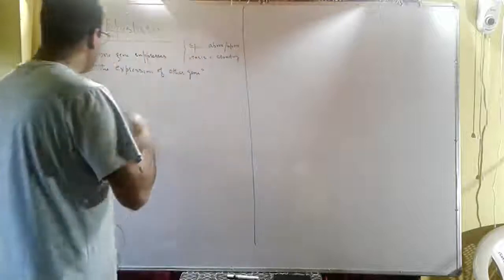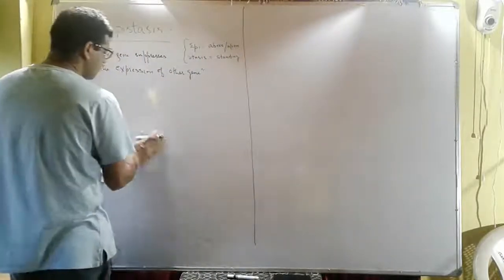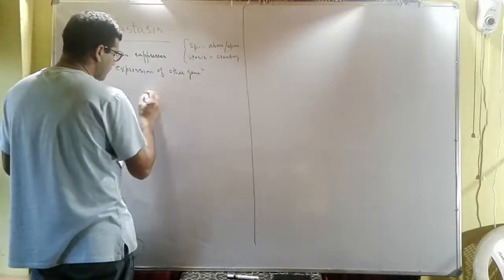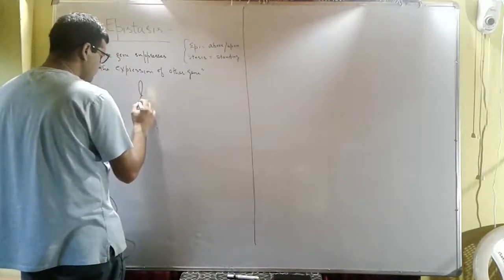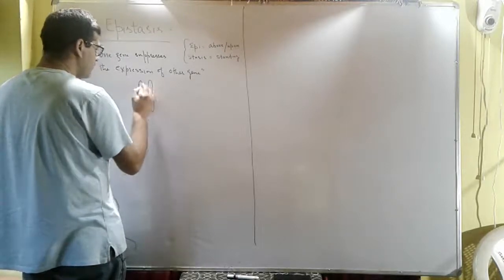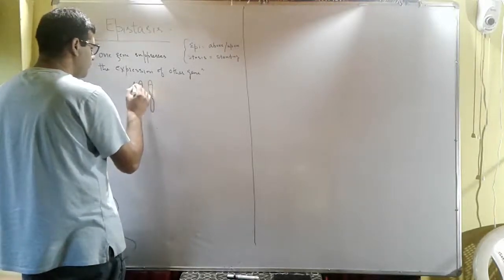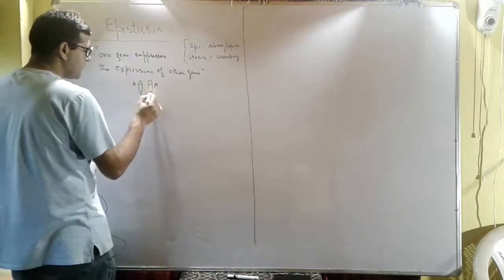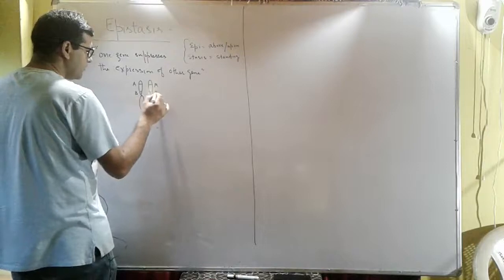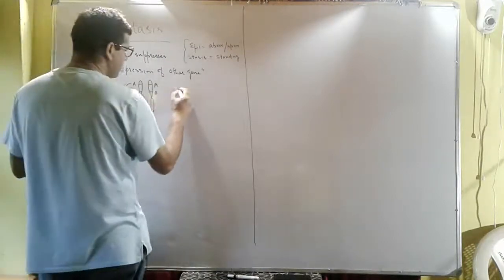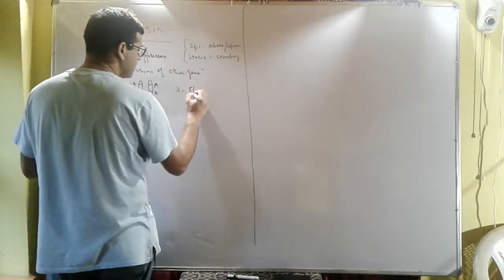For example, we have this condition. This is A, and this A inhibits the expression of B gene. That means A gene is the epistatic gene.